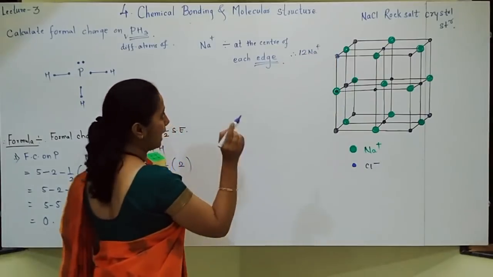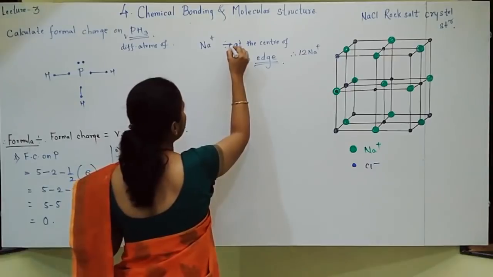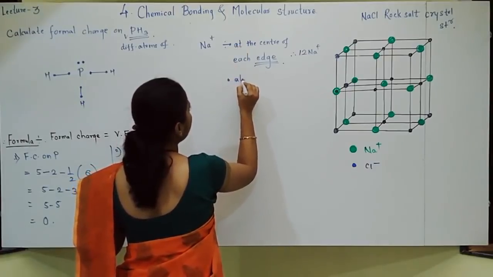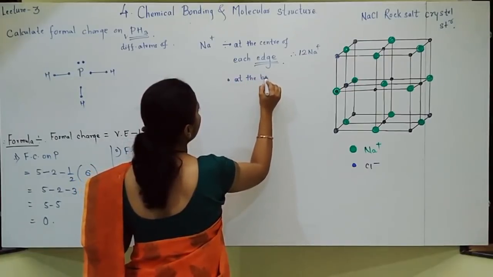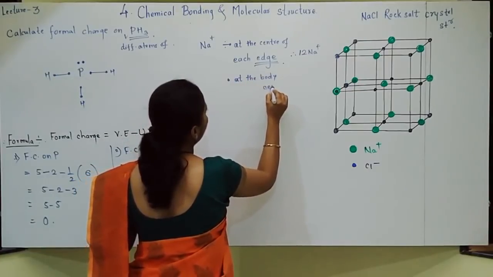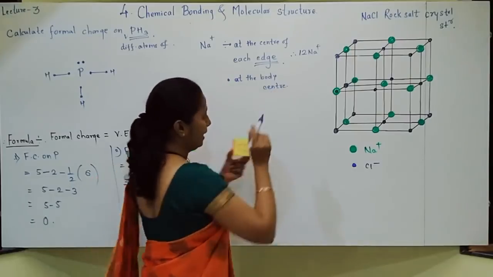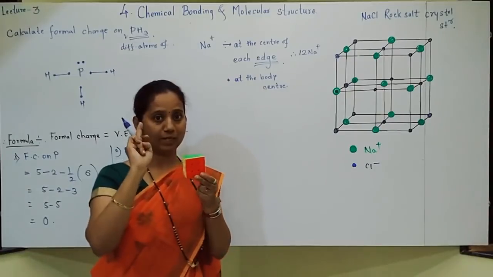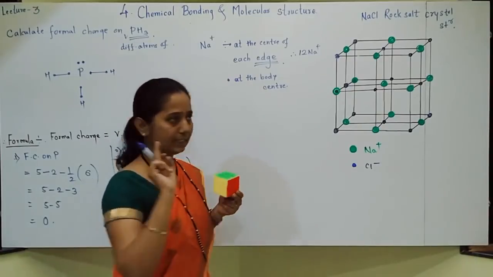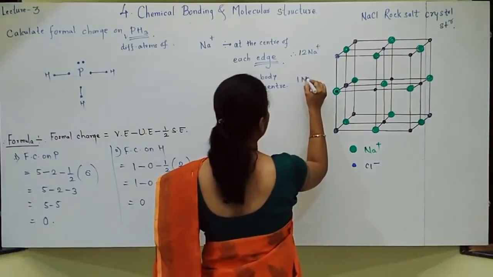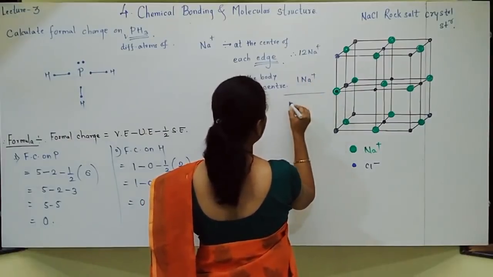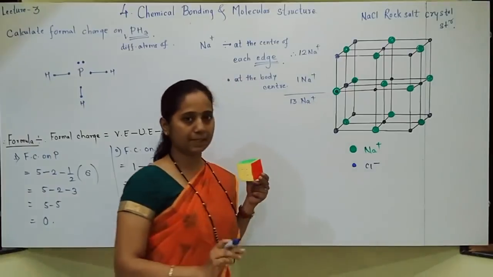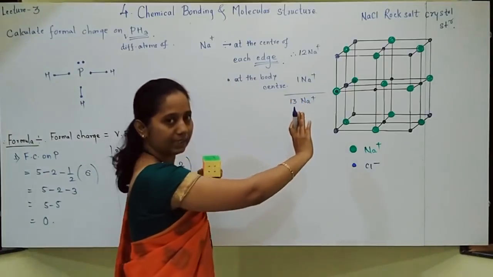Secondly, at the body center. If this is the crystal, inside it at the body center, exactly 1. So students, how many total Na plus are present? 13 Na plus, which are shown in this diagram.